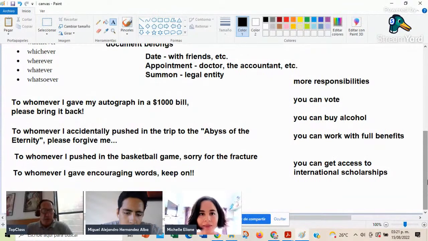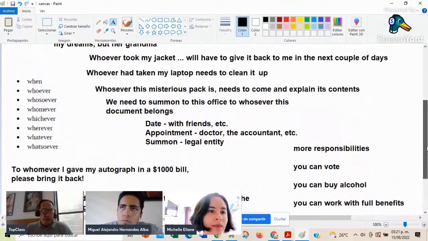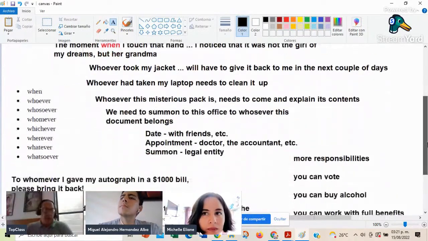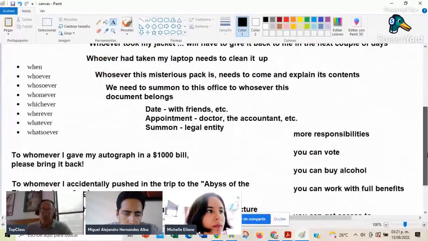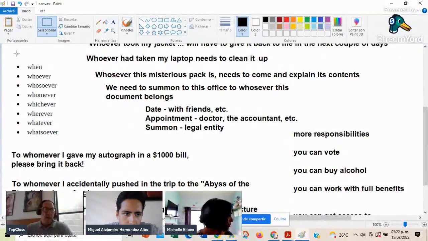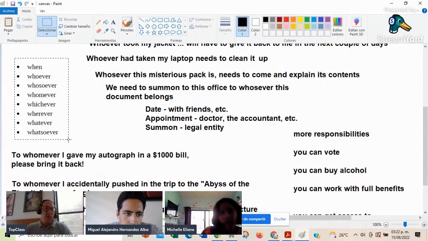Thank you. Yeah, we're talking about these adjectives, which are relative pronouns. Can you give a quick summary, Mickey, of what we've been talking about, please? Yes, sure.